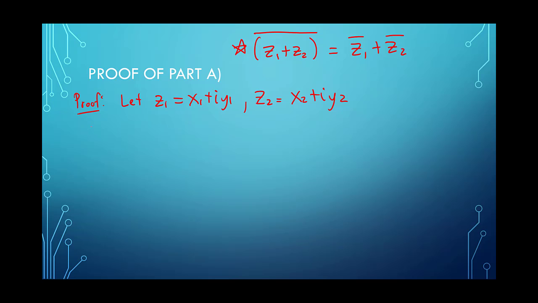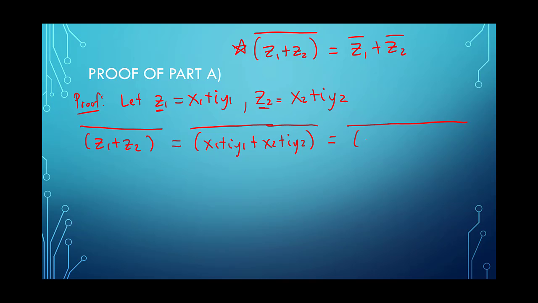So let's start by taking the conjugate of z1 plus z2. Before we take the conjugate, let's go ahead and substitute. What do we know about z1 and z2 here? This is going to be x1 plus iy1 plus x2 plus iy2. I'm going to go ahead and combine my real parts and imaginary parts.